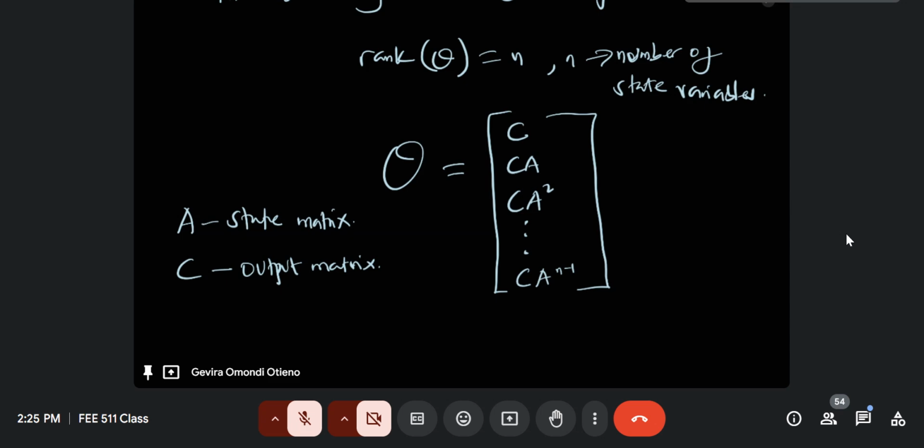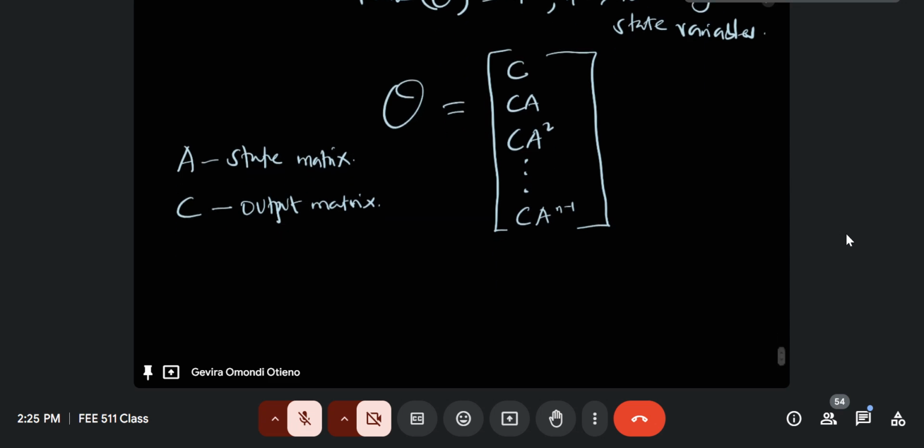Now, in other books, if you read, you'll note that controllability and observability are concepts that are dual in nature. So I can just say controllability and observability are dual concepts.